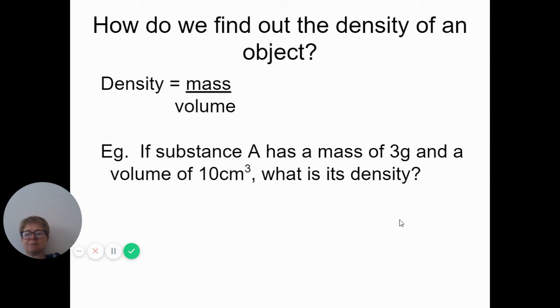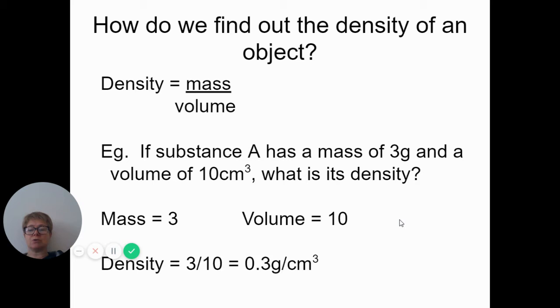that tells us the density of an object. So for example, if substance A has a mass of 3 grams and a volume of 10 centimetres cubed, what would its density be? Well, we know that its mass is 3. We know that its volume is 10. So to find its density, we simply do 3 divided by 10, and that tells us that our density is 0.3 grams per centimetre cubed.